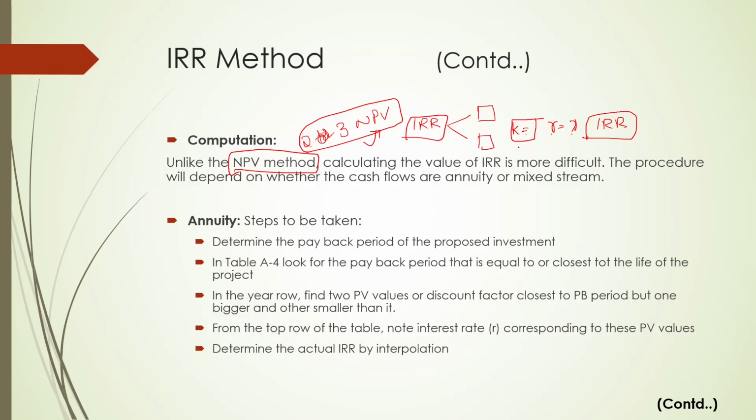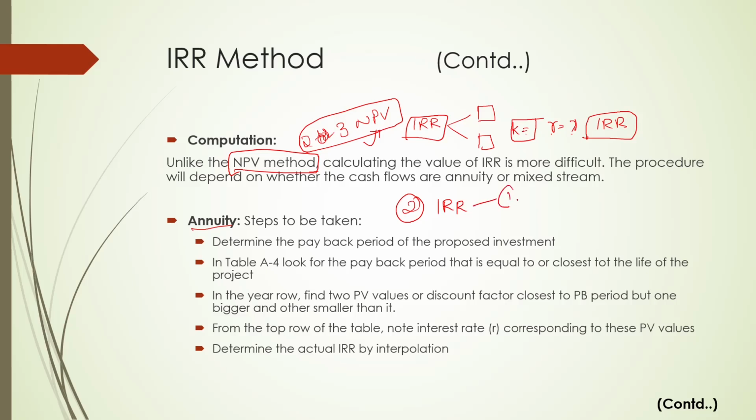Okay, this is actually the procedure. Of course, this procedure is a little tedious, but if you know NPV and you can remember the formula, then this IRR method is also very easy. Clear? So here I have mentioned the steps for annuity. There are two methods we apply for IRR.